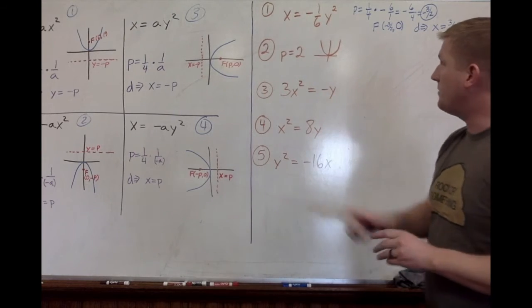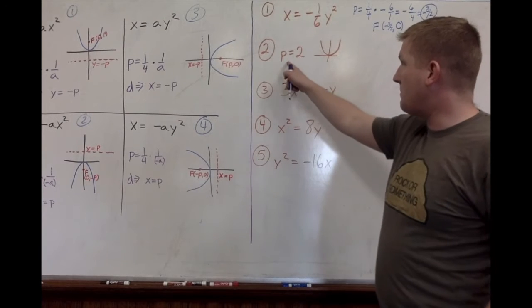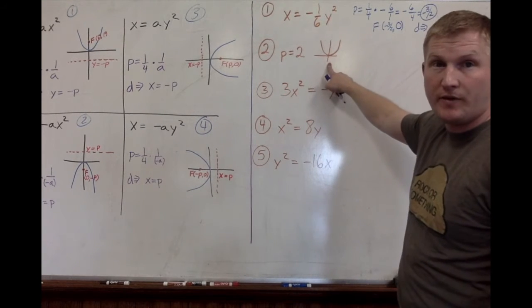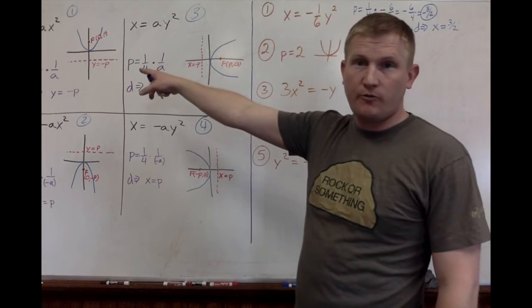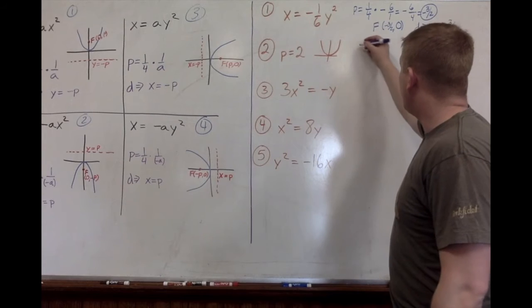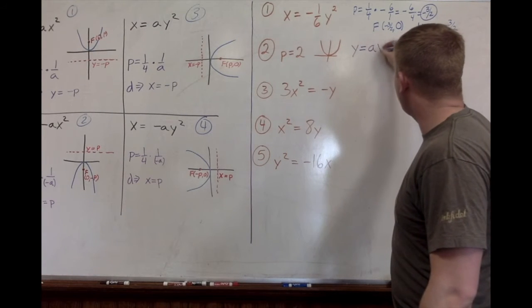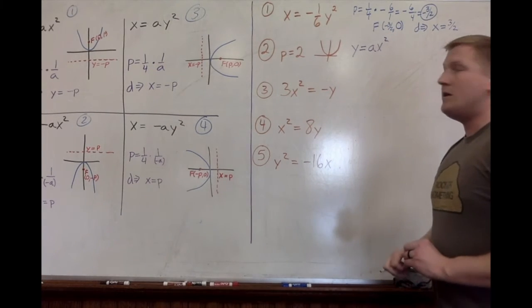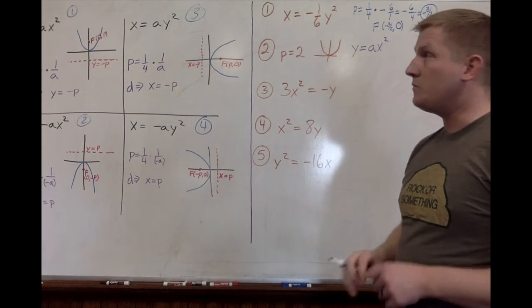All right, for the second one, let's say that we're given p, right? If we know that p is equal to 2, and we're given a brief sketch, so we know that this is opening up, that means it's going to fit the general form of number 1. So at the end of all this, we're going to have something like this, where a is positive. Now we know p, but we don't know a. That's easy enough.